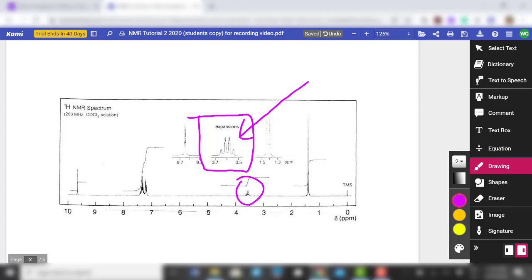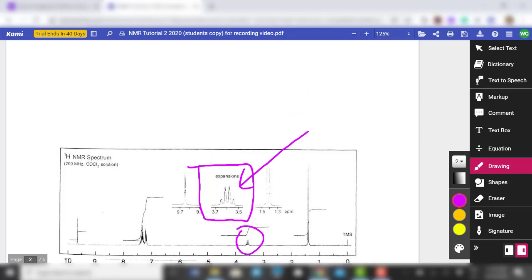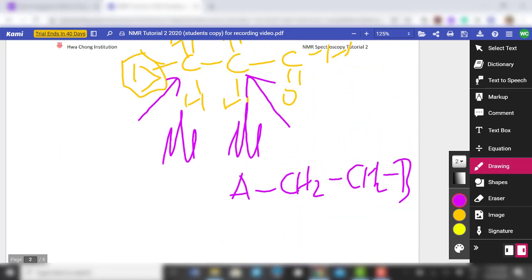So we call this a doublet of quartets. That means that the benzylic hydrogen's extent of being split is different, depending on the different hydrogens. And I think we can easily understand why that is the case.